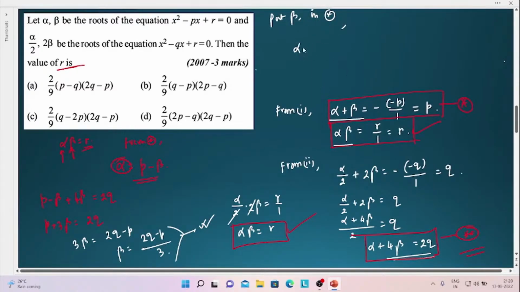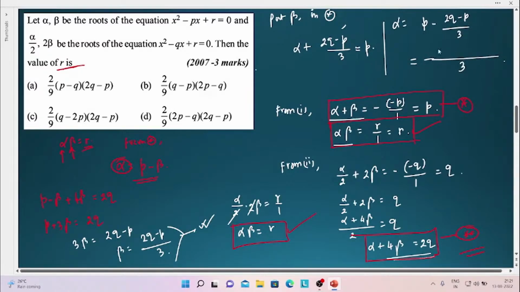We will have alpha plus 2q minus p upon 3 equals p. So the value of alpha will be p minus 2q minus p upon 3. Taking the LCM, which is 3, it will be 3p minus 2q plus p, which is nothing but 4p minus 2q upon 3. So you can see the value of alpha.